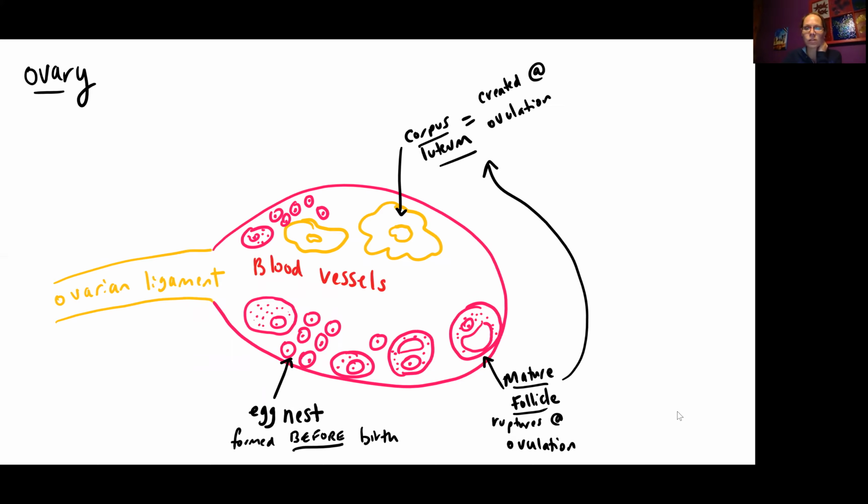So the follicle cells are going to be those supporting cells wrapping around that primary oocyte, or a secondary oocyte if we're a little bit further along in maturation. We will call these follicles based on the follicle development, and we'll see that the FSH is actually going to help stimulate our mature follicle to become what's called a Graafian follicle.